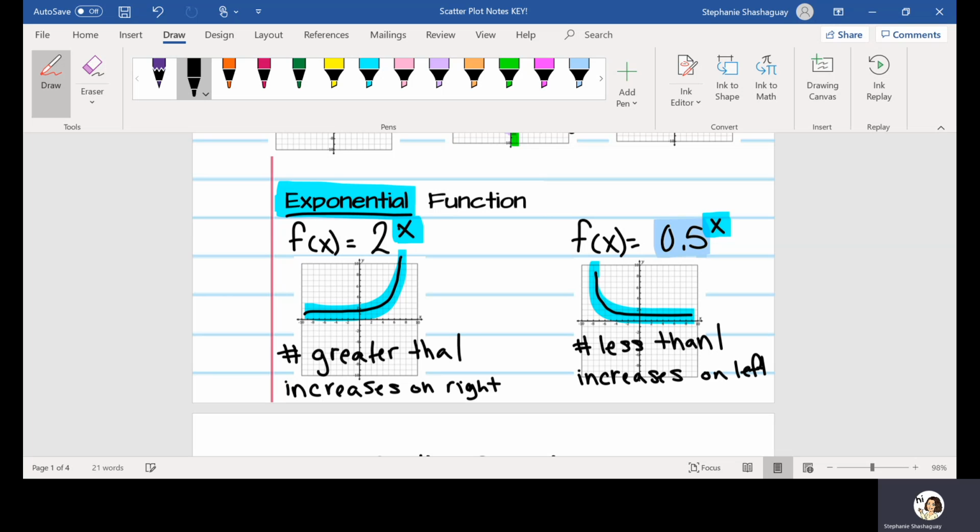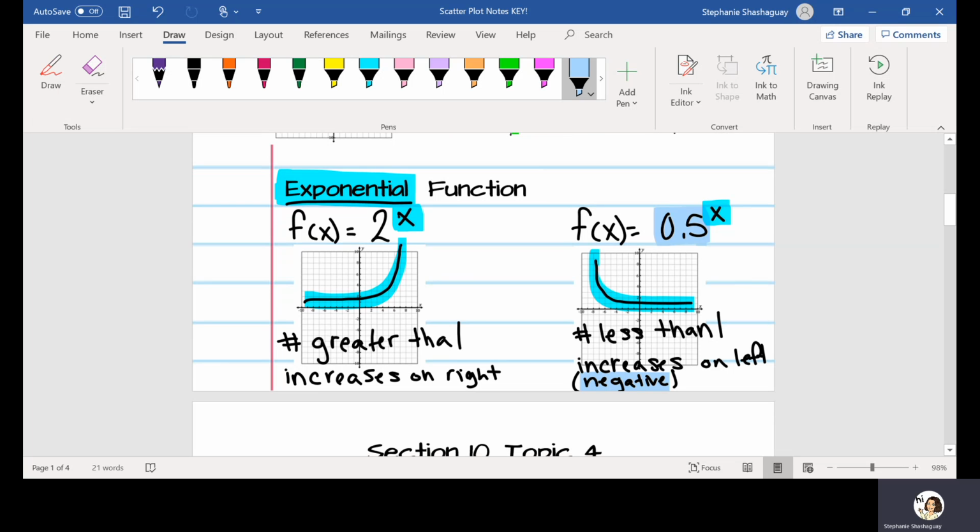Or is really a negative exponential function, okay? And that's because as your x is increasing, your y is decreasing. So that makes it a negative function, okay? Don't worry too much about the exponential functions until we get to section 7, okay?